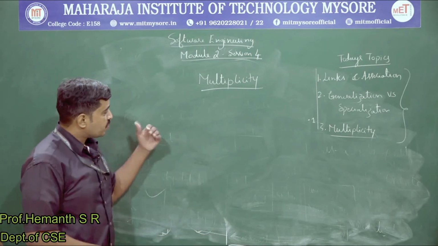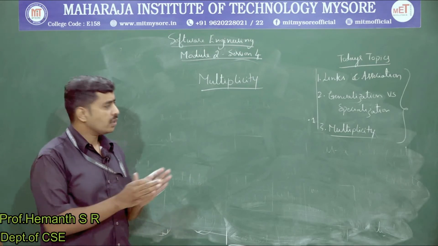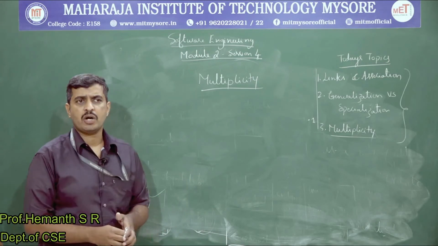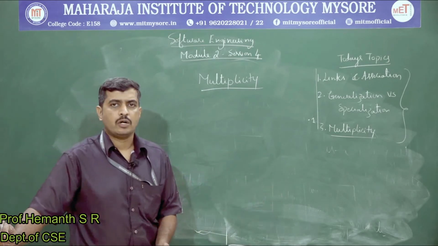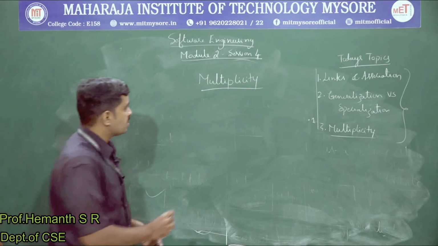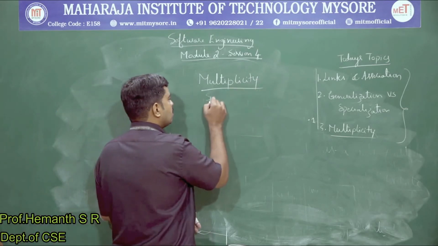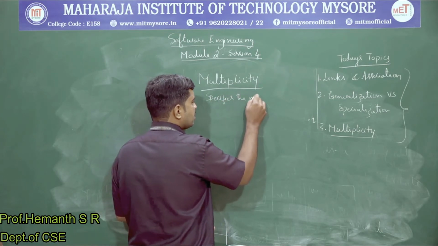So multiplicity specifies how many instances of a class are related to a different class, or how many instances of an object are related to other objects. How many exactly, to be more specific, it is the number of instances.